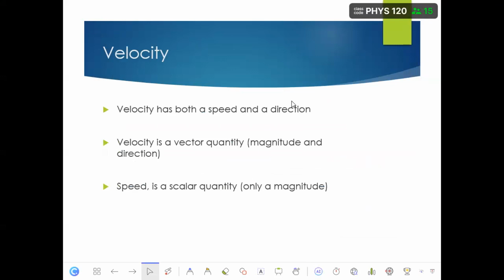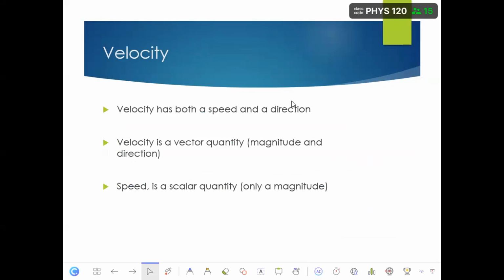Displacement is a vector. The direction is important. And you may ask, what is a vector? Anything that has a direction and also a magnitude is called a vector. Displacement is a vector.